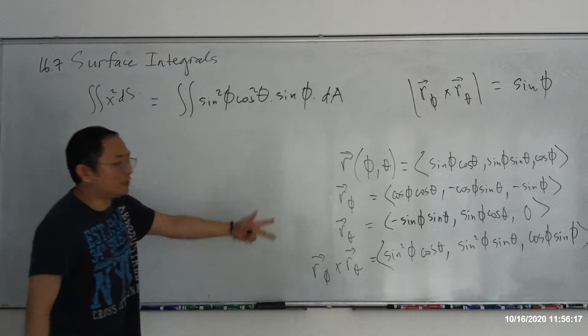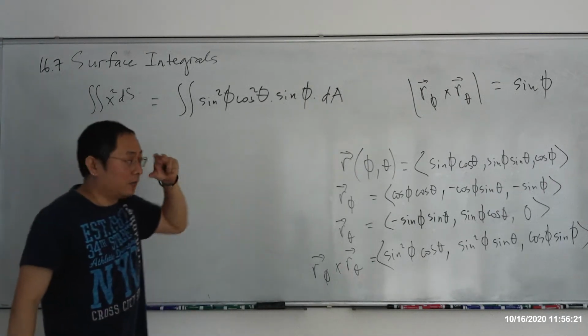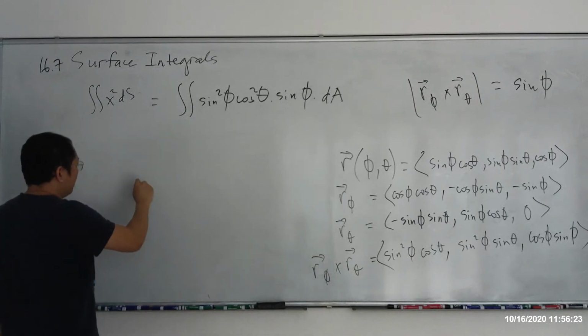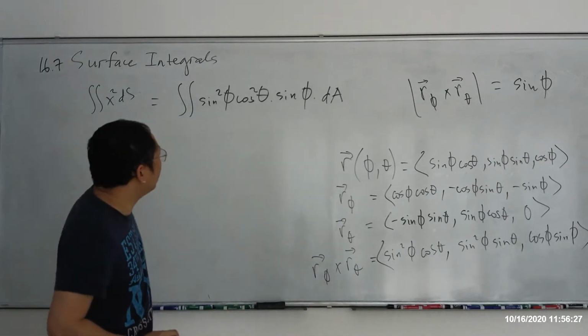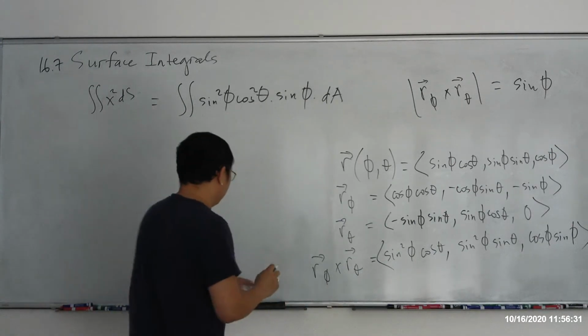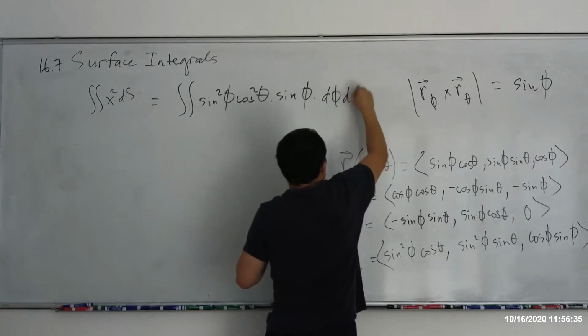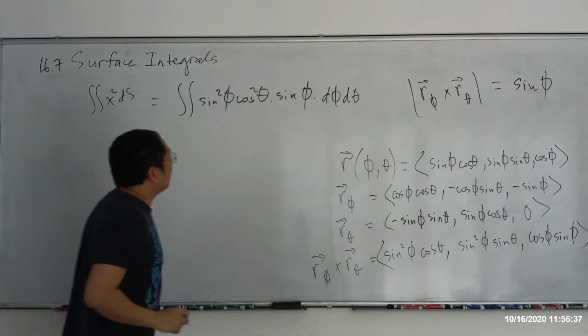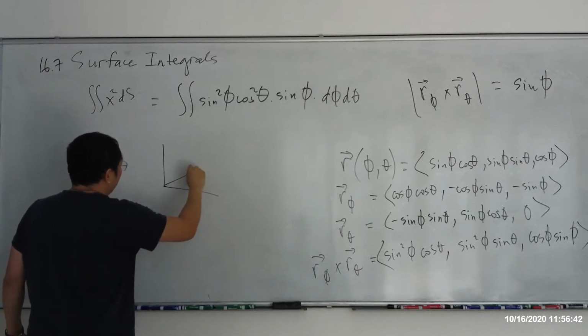Now, since this is spherical coordinate, I have to convert this into spherical coordinate. So what? dA is d phi d theta, right? Yes, that's right. And for the spherical coordinate, going to draw it one more time.